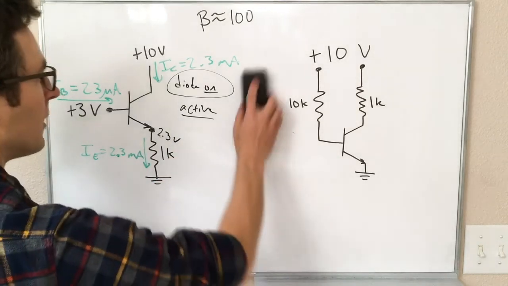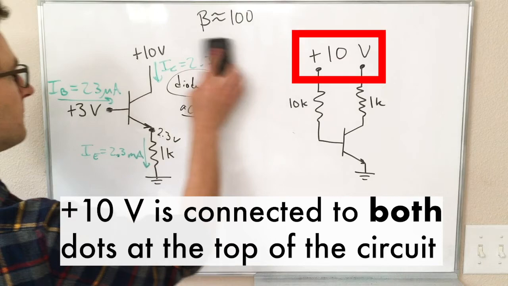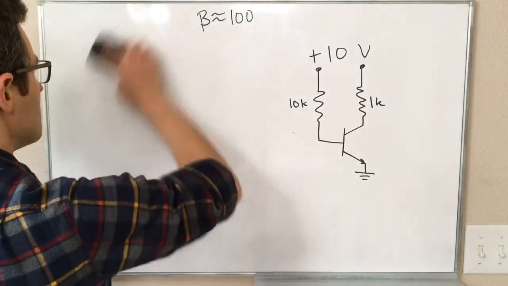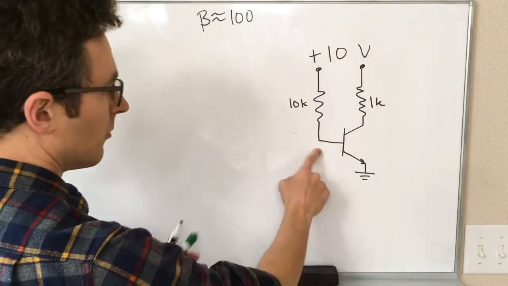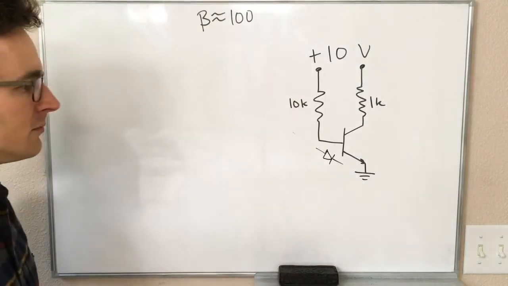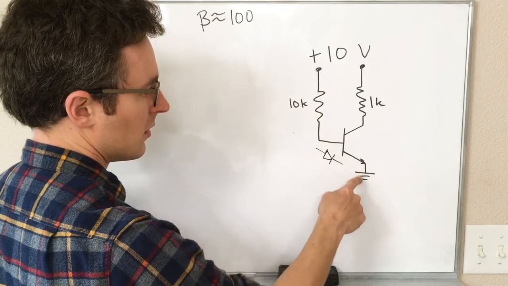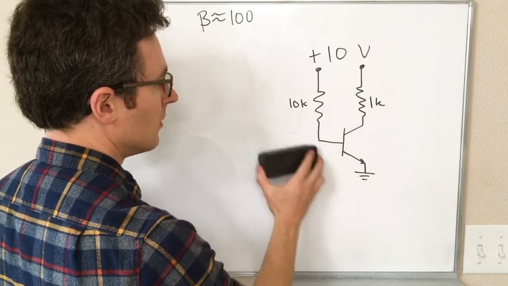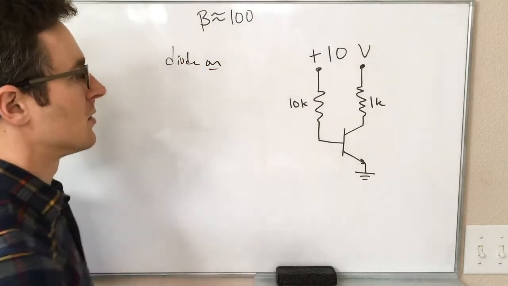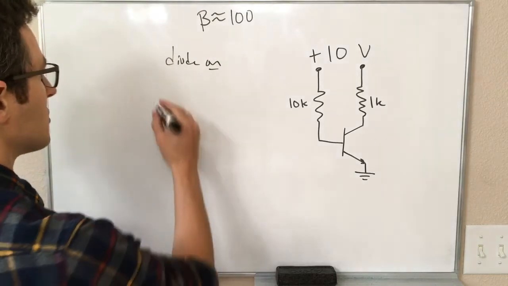All right, let's do this one on the right. We're going to start by doing a similar sort of thing. We're going to look at our base emitter diode and see if it is on or off. Here we have 10 volts, a 10K resistor in the base, and then ground. So that diode is also on. Now we want to see if we are in active mode or saturation.